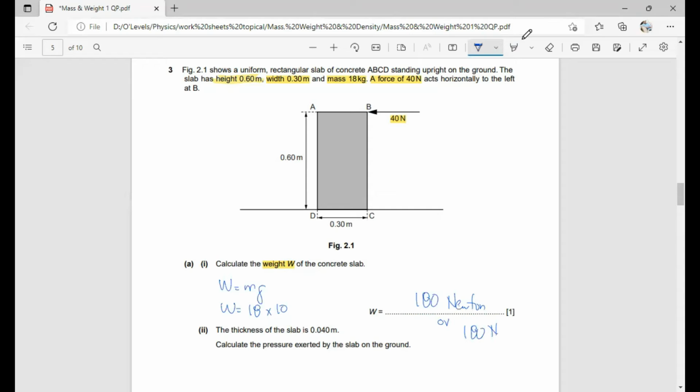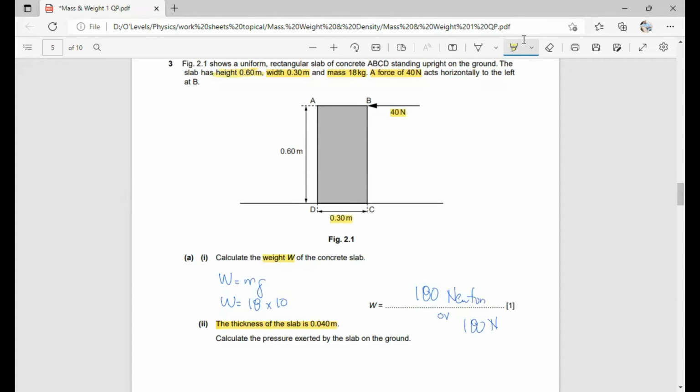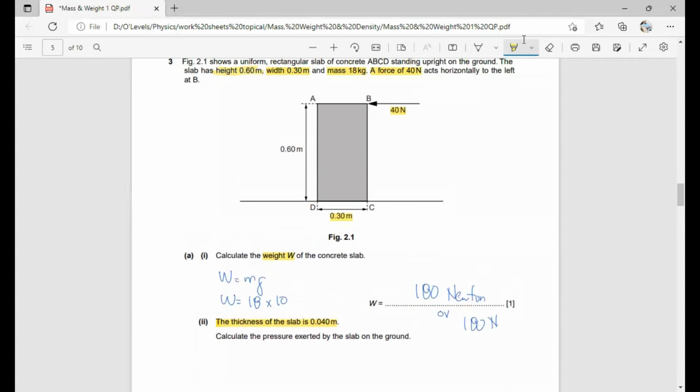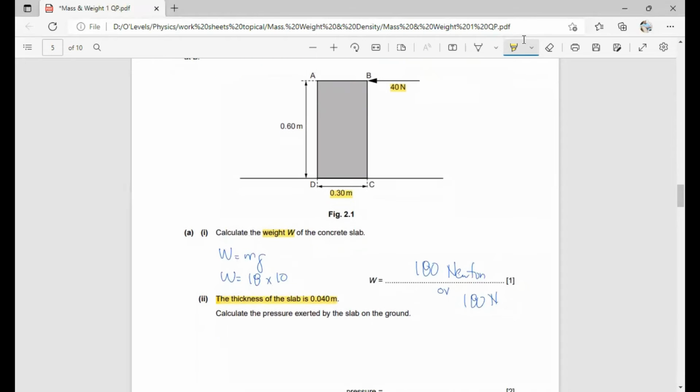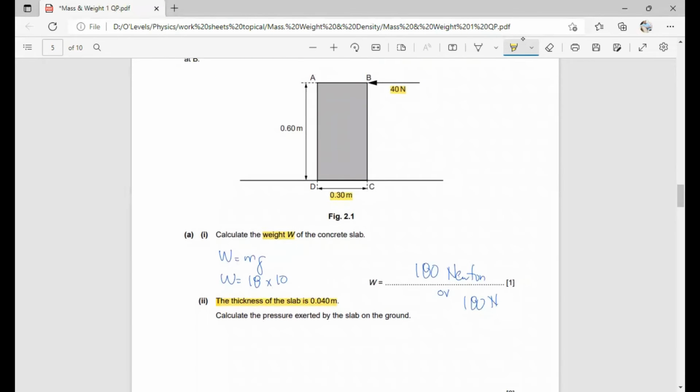Now the thickness of the slab is given. Thickness of the slab is 0.04 meters. And the surface width is 0.3. So first of all, you have to find the area. Do you know the formula for area?